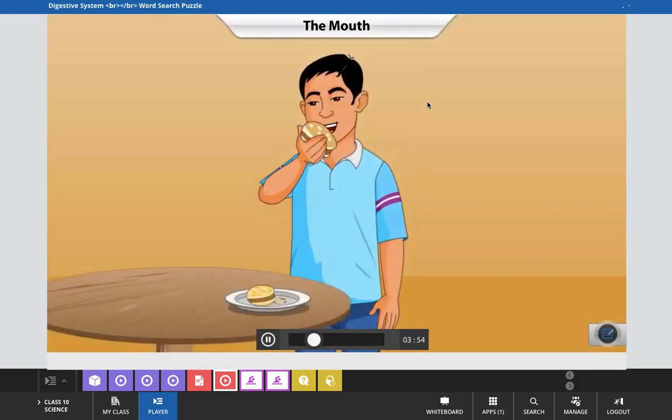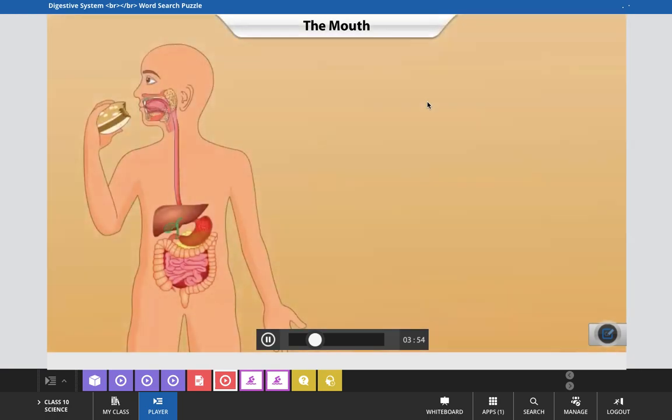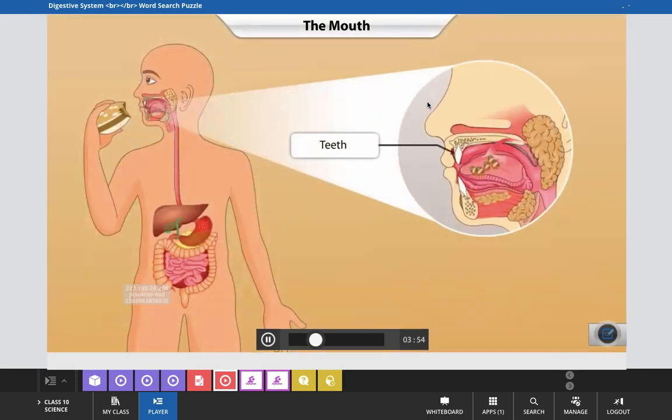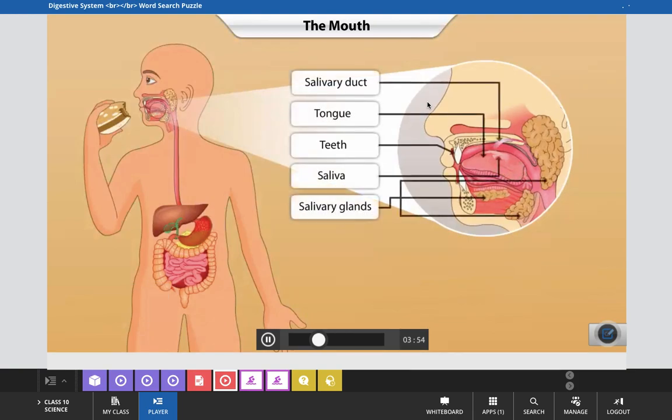Food is ingested through the mouth. Here, it is ground by teeth and mixed with saliva by the rolling movement of the tongue. The enzyme, salivary amylase, present in the saliva, breaks down starch to sugar.